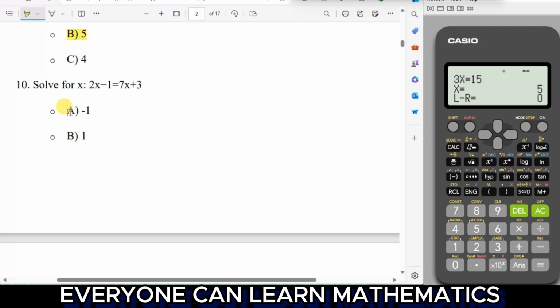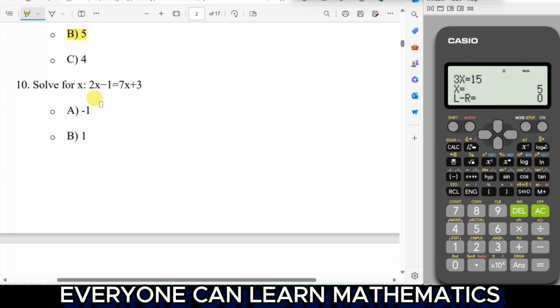Number 10. Solve for x such that 2x minus 1 is equal to 7x plus 3. The same way, group like terms. So you pick the variables to your left hand side and the non-variables to your right hand side. So you have 2x, then 7x can be negative 7x. Then this negative 1 can become positive 1.